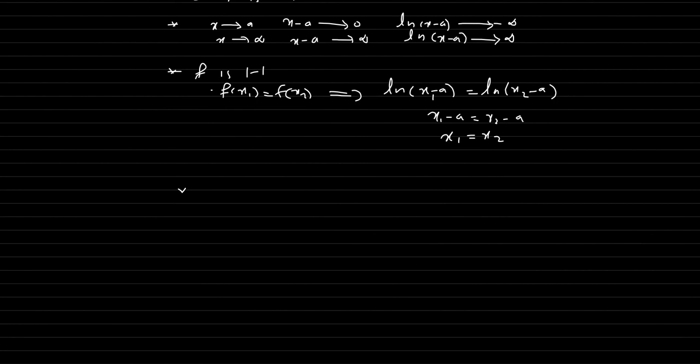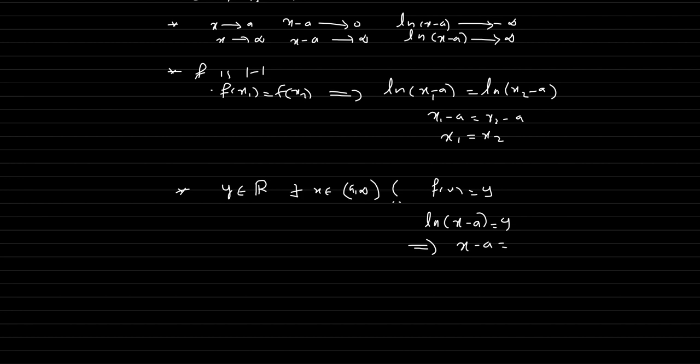Now, f is onto. So, for each y belongs to R, there exists an x belongs to the open interval a to infinity, such that f of x is equal to y. And f of x is equal to natural logarithm of x minus a, which is equal to y, which implies x minus a is equal to e raised to y.